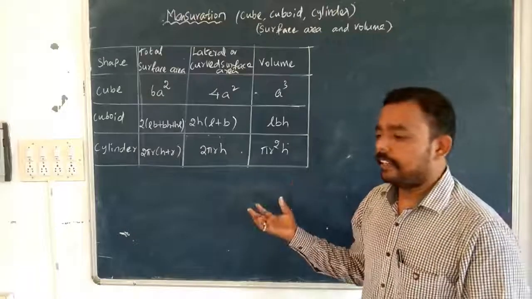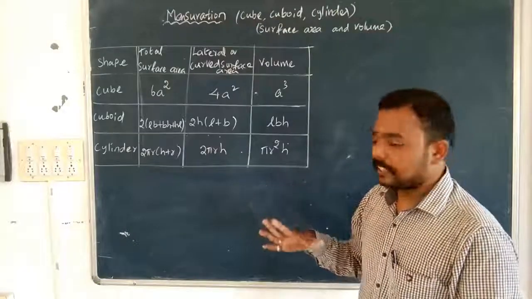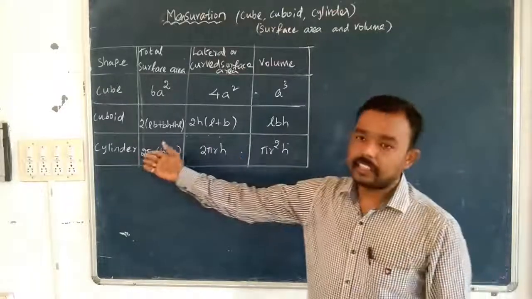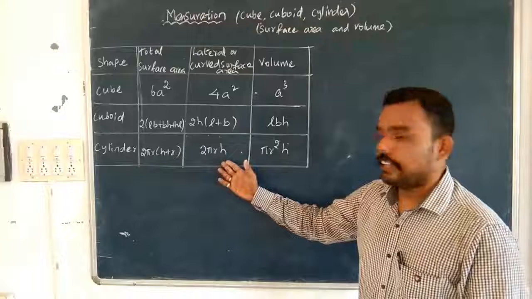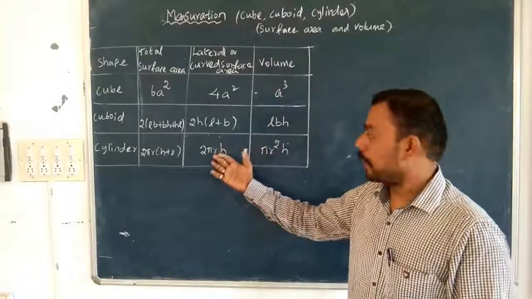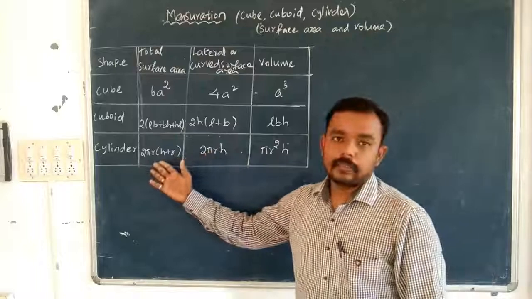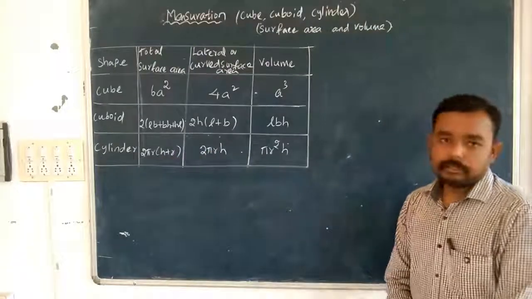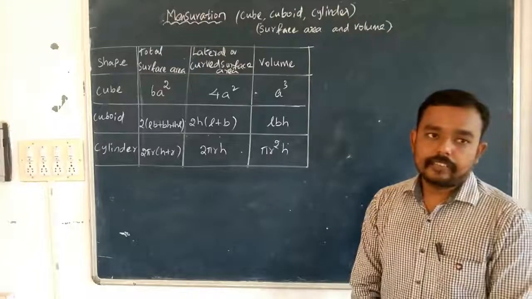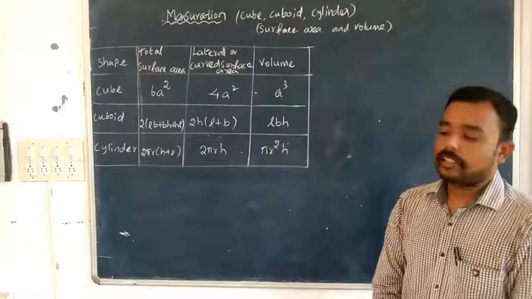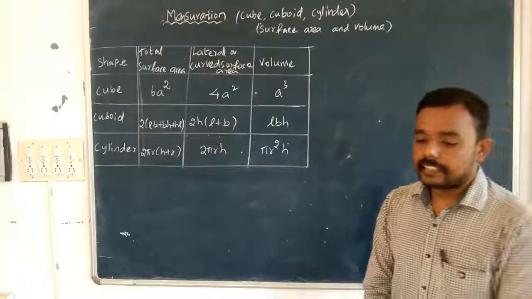If you are going to find the lateral surface area, already we know the circumference, so just extend the formula. Already we have circumference 2 pi r, so now the curved surface area is 2 pi r into h, and the total is 2 pi r into (h plus r). In the same way, volume: area of a circle is pi r squared, and pi r squared into h. Learn this thing.